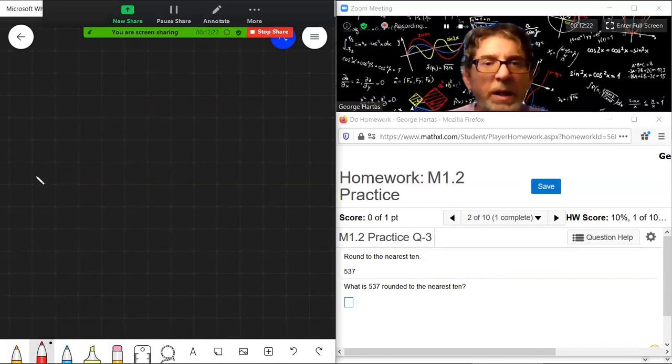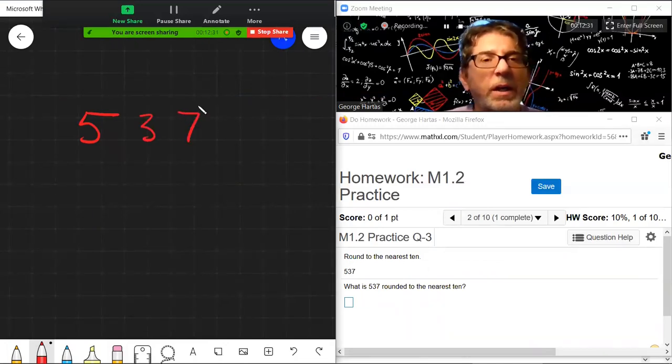All right, so we have 537. They want us to round to the nearest 10. Ones, tens. We look to the digit to the right of the underlined digit. This is 7. If this number is 5 or more, we add 1 to the 3, and we will. 7 is more than 5.